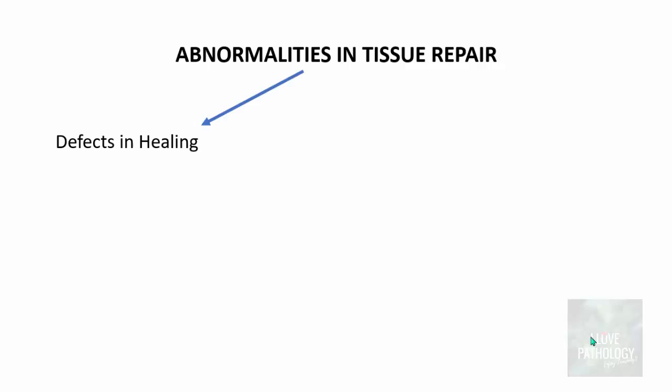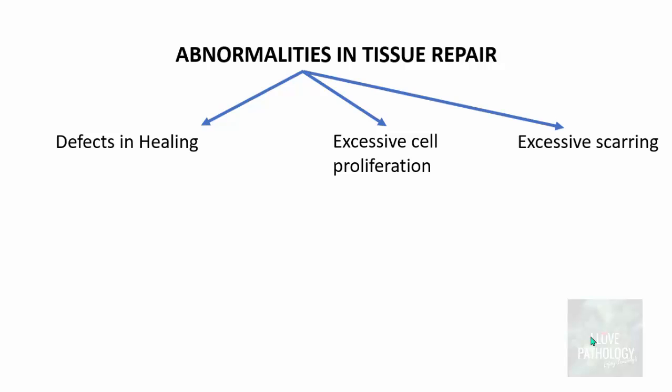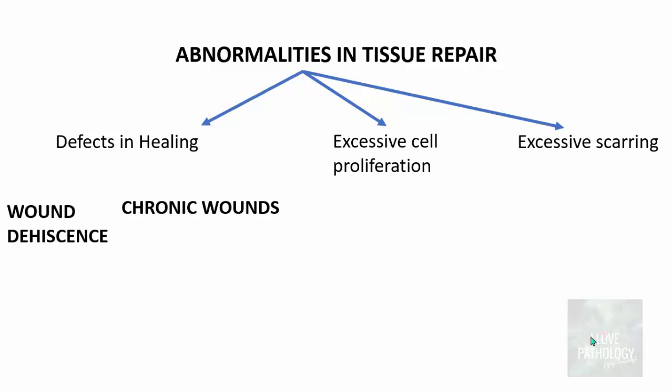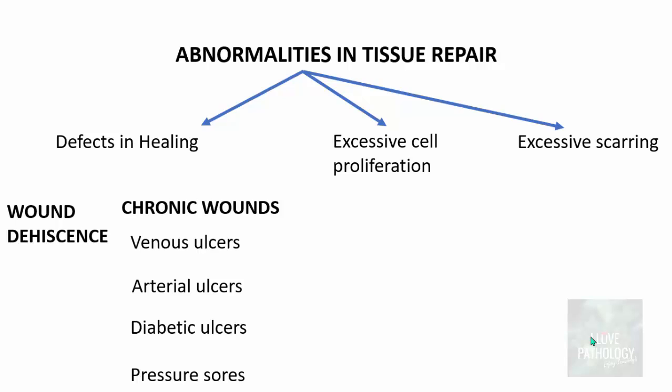The abnormalities can be classified into defects in the healing process. It could be because of excessive cell proliferation. It could be because of excessive scarring. The defects in healing are classified as either wound dehiscence or chronic wounds, and that could be venous ulcers, arterial ulcers, diabetic ulcers, and pressure sores.